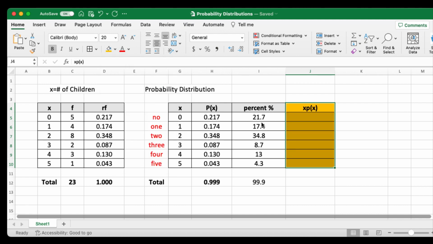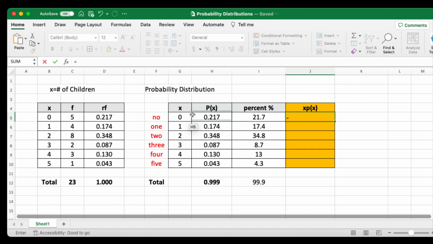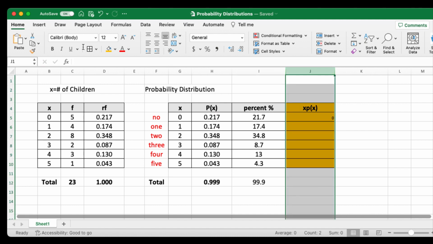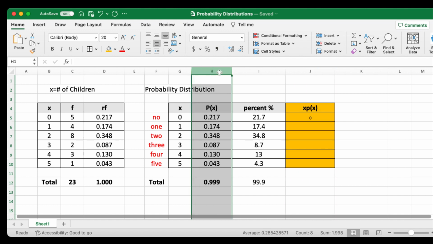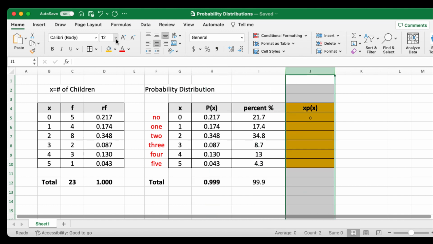So I'm going to say equal, x times p of x. So I'm going to have to multiply that there. I'm going to center those numbers, and make the size 20. And I'm going to do that for every x value, so I'm going to do what's called autofill. This does it automatically for me.